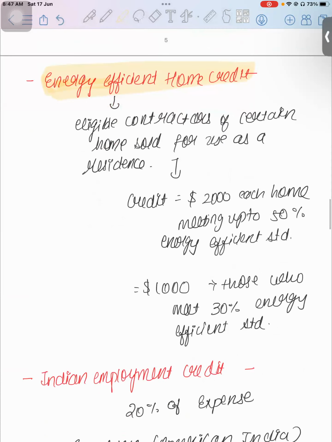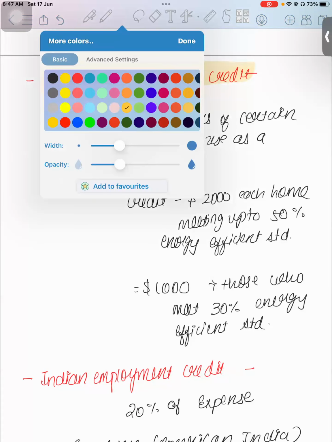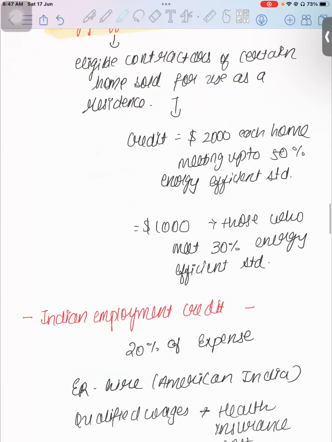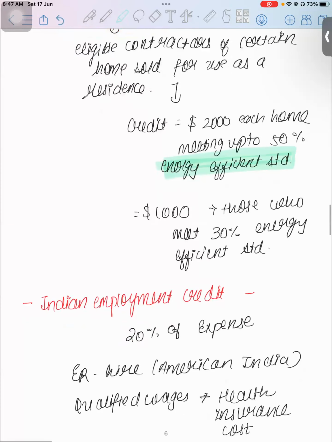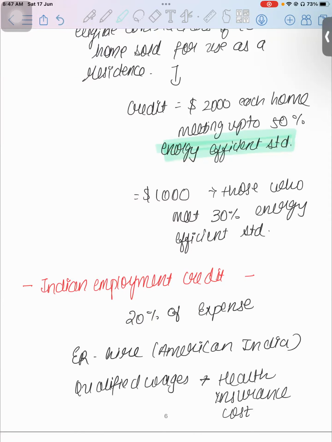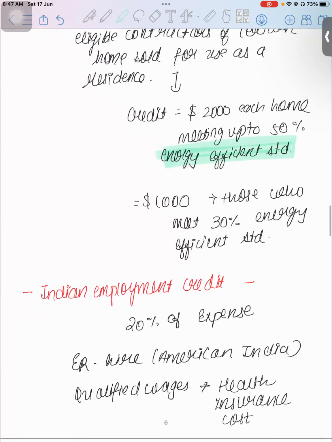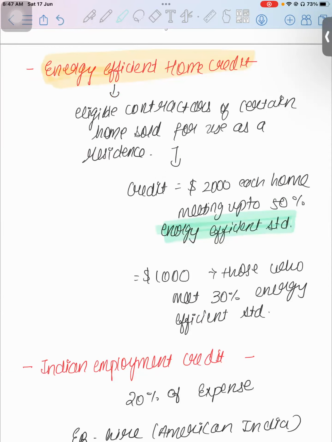So the contractors who are selling the home, and if that home is considered an eligible energy efficient home, then you can get the credit. Now, there are some inspections, like once you construct the home, there are inspections carried out by various organizations. They'll provide you a report. So when you receive from the client side that they are eligible for energy efficient, you can just check the report on whether that particular home is meeting at least 50% of the energy efficient standard or not.